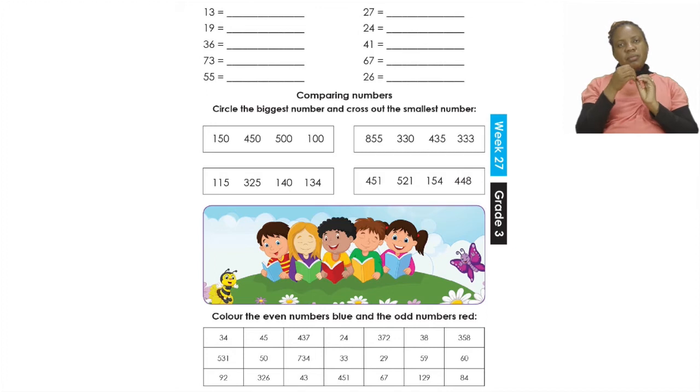Now, let's look at the next number, 45. Is 45 even or odd? It's an odd number. Good job.